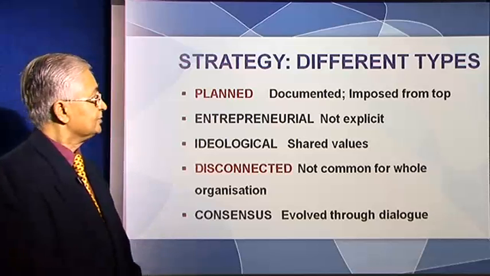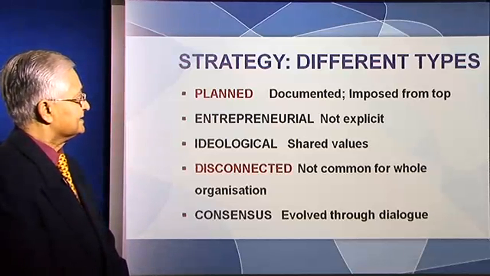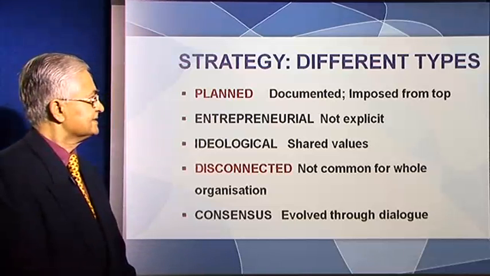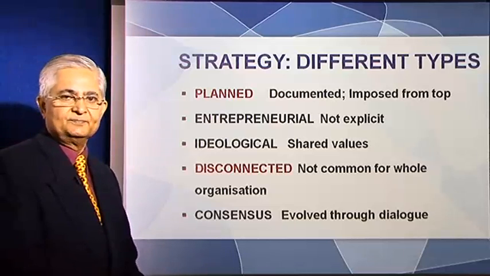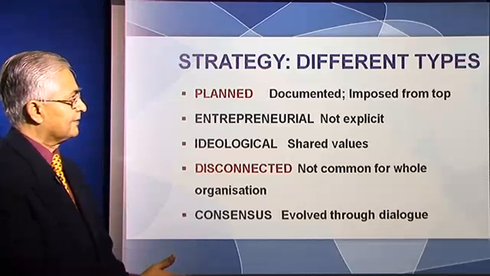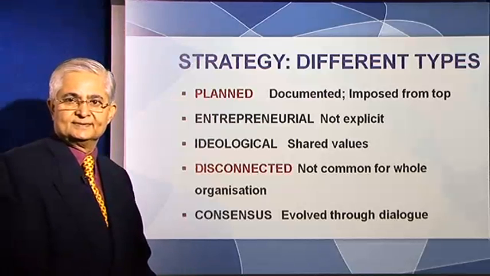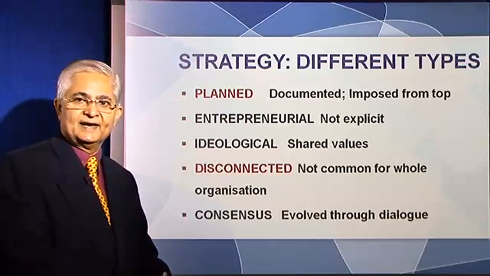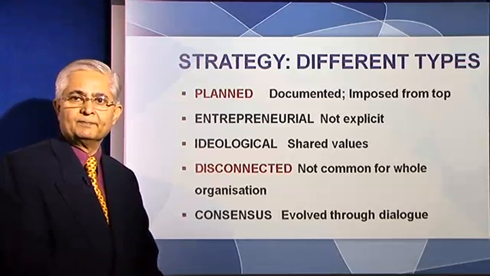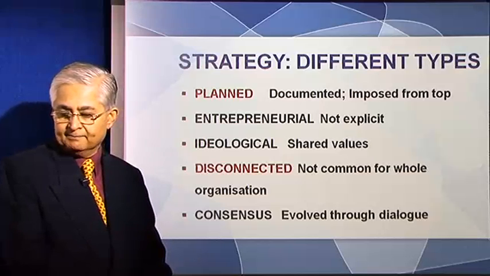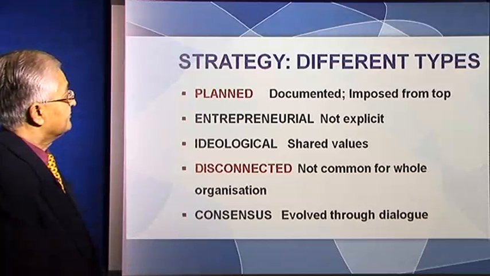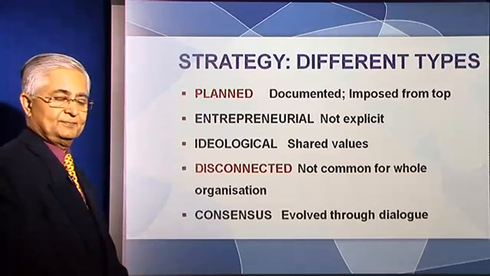For instance, you have planned strategy. Now, planned strategy is documented strategy. It's imposed from the top. It's strategy which has been documented by a small group of people and has been imposed from the top. Then you have entrepreneurial strategy.